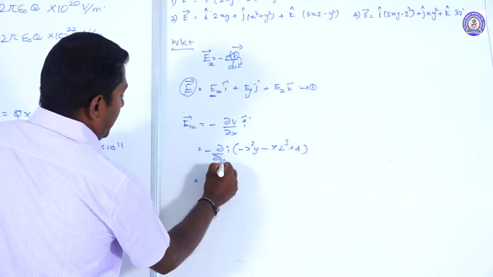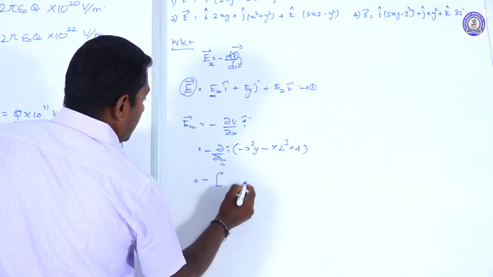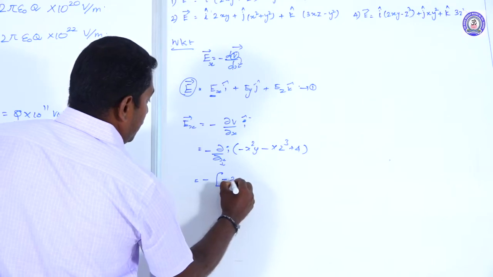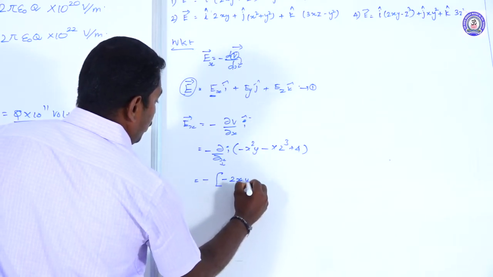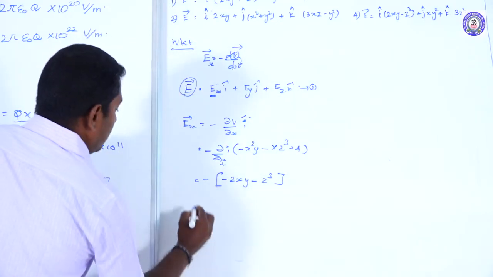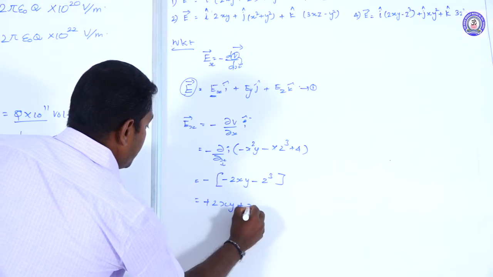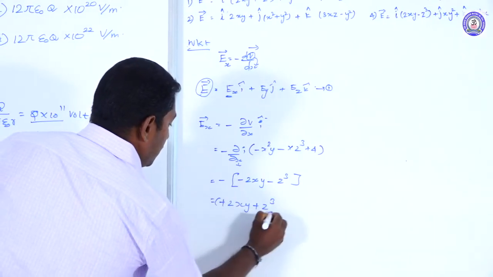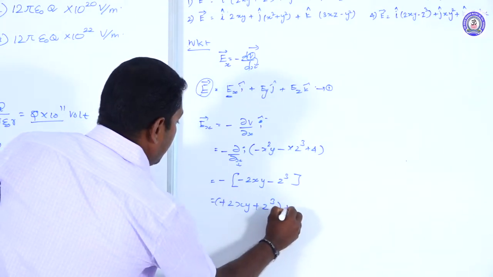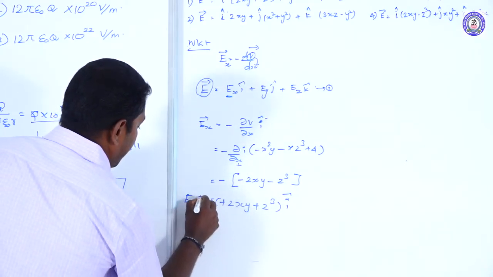Differentiating along the x axis, minus 2xy minus z cube. So therefore plus 2xy plus z cube along the i cap. This is Ex i cap.